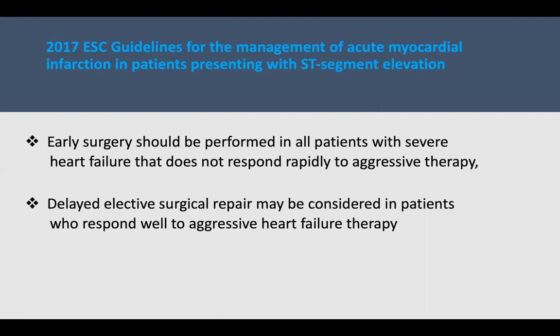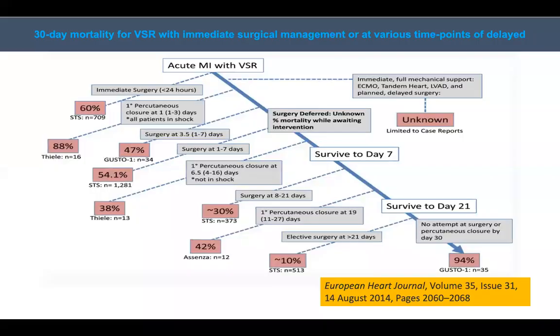This is very, very important to understand, the timing of surgery. If you see this slide, 30-day mortality in VSR patients with immediate surgical management: if you operate within 24 hours, the STS data shows a 60% mortality.